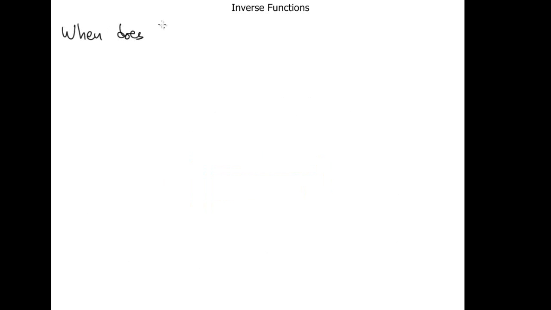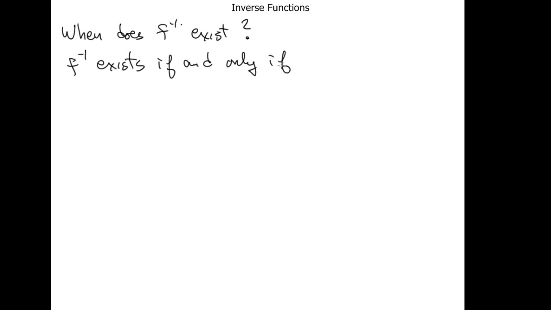Well, when does the inverse exist? When can you find an f inverse with that property? Well, it's easy to see the following. f inverse exists if and only if the function f of x is 1 to 1. Okay?